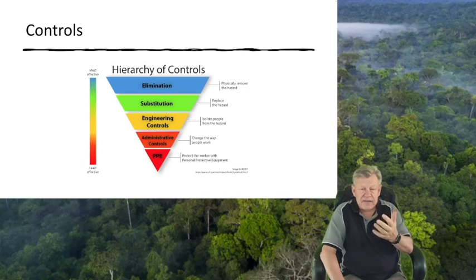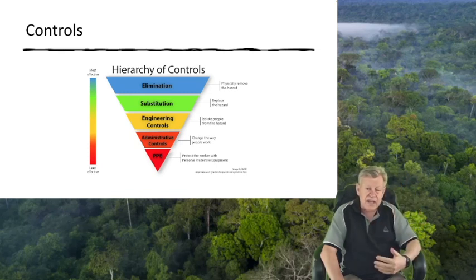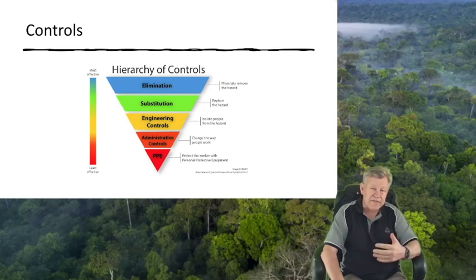The next thing that I can do, and this is in a level of effectiveness: elimination is the most effective way of dealing with a risk and a hazard, and PPE is probably the least effective way of dealing with risks and hazards.